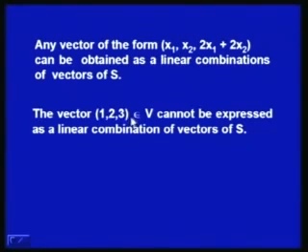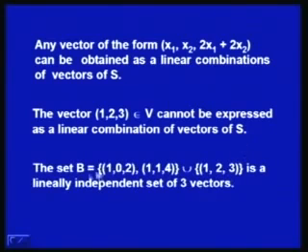That is why (1, 2, 3) does not belong to the span of S, and that means we can add this vector to the set S. What we have is {(1, 0, 2), (1, 1, 4)} union (1, 2, 3) is a linearly independent set of 3 vectors. Now we have a set of 3 independent vectors, and this spans the vector space R3 also.